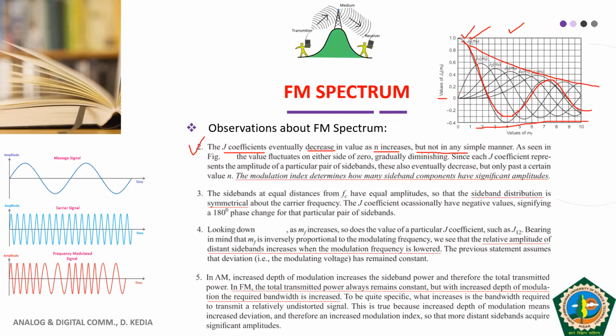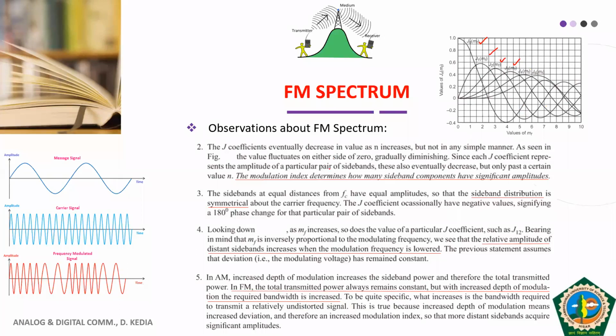Similarly, if you notice J1, its value moves like this, and the peak of J1 is also decreasing. The trend is not simple, but one thing is very sure, that all these sinusoids corresponding to different Bessel coefficients are decreasing, according to the nature described in the figure here.